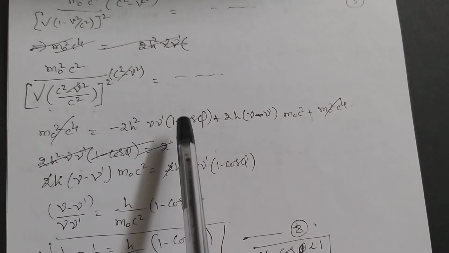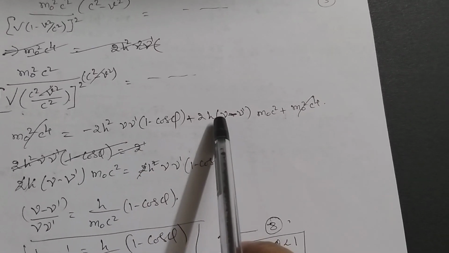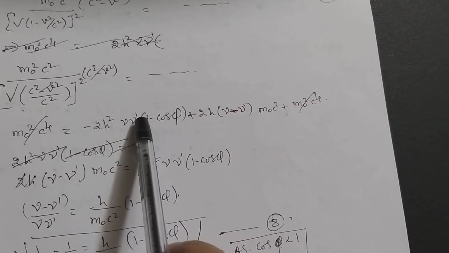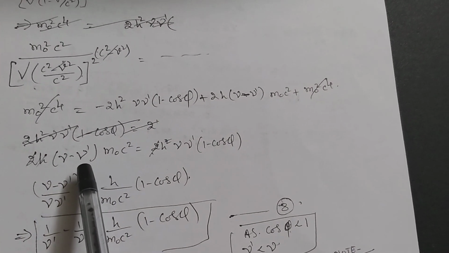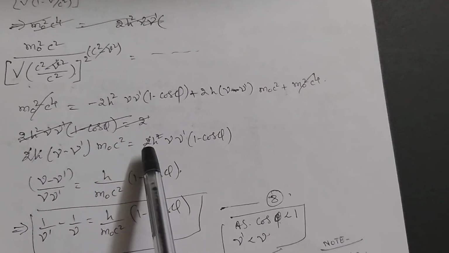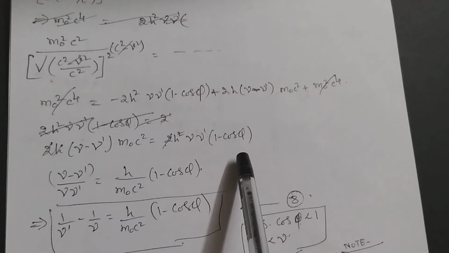And so if you take this one remains and this one to this side, then this equation: 2h into nu minus nu dashed m0 c square equals 2h square nu nu dashed into 1 minus cos phi.